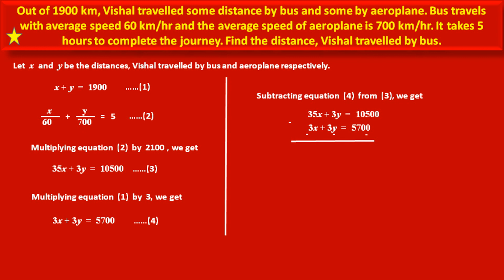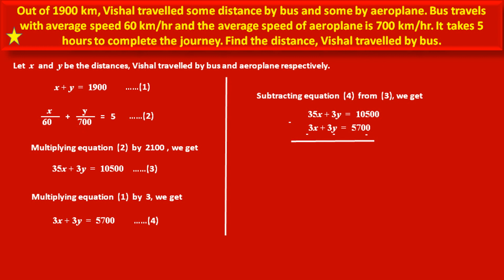We write this equation first because its coefficients are comparatively greater than equation 4. Then we write the second equation, minus 3x minus 3y is equal to minus 5700, because of subtraction we have to change the sign of each term of this equation.